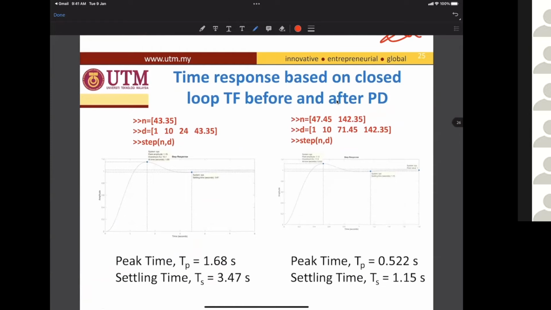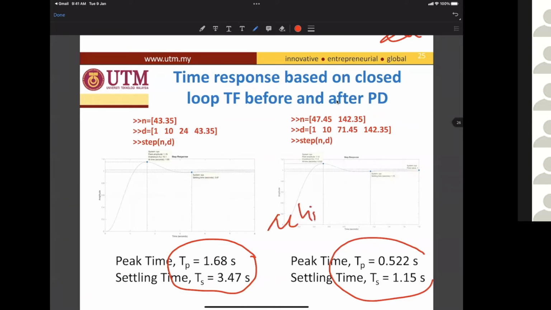When we compare before PD and after PD, so significant findings is there, 1.68 peak time. So the new one is 0.522. Settling time, the old one is 3.47 and the new settling time is 1.15 seconds. So achieved, okay? The goal has been achieved.